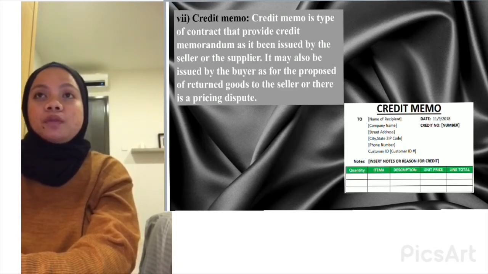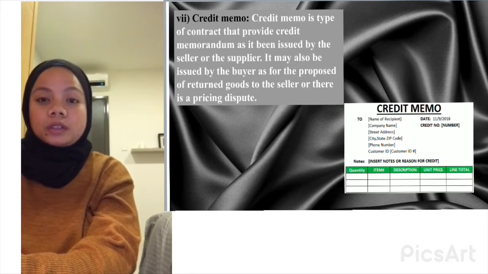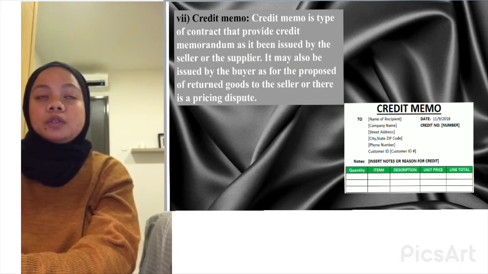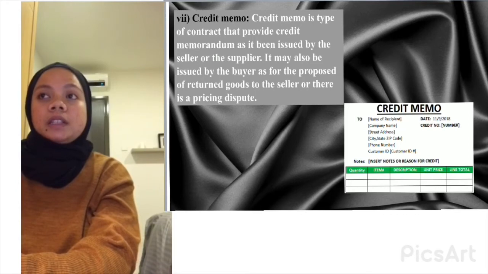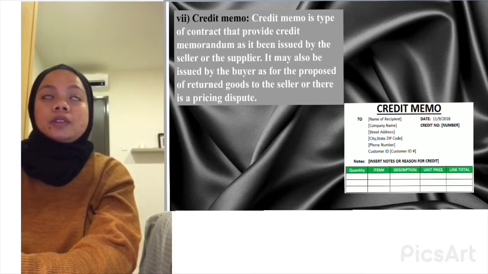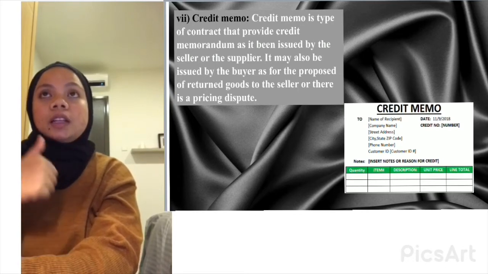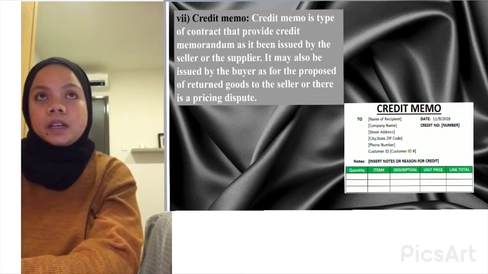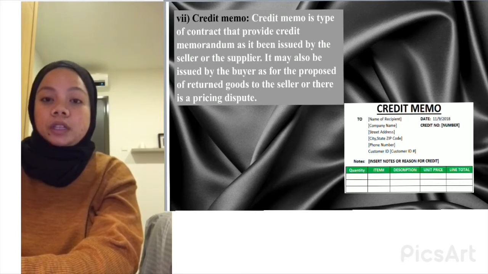Therefore, the buyer will issue a credit memo in order to acknowledge to the supplier the problems with the goods that caused them to return the goods, or the dispute over the price, maybe because they are not satisfied with the price given.